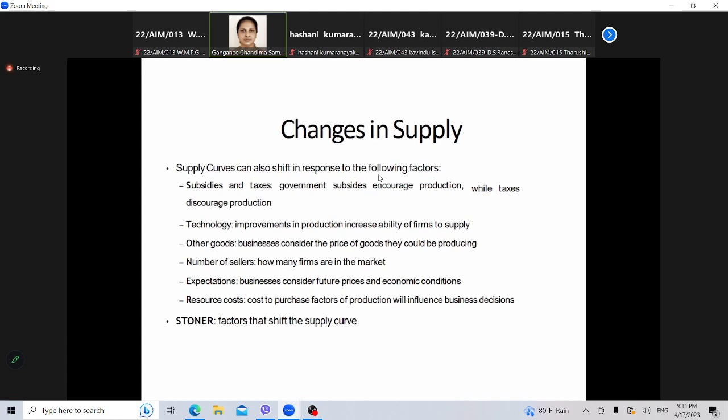At least you may remember these six points: subsidies and taxes, technology, other goods, number of sellers, expectations, and resource costs. So you should remember all of these. These are the determinants of supply, or factors affecting supply.